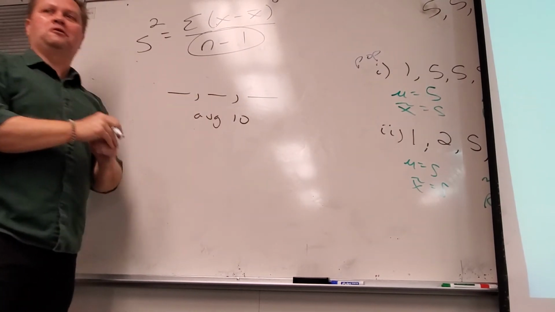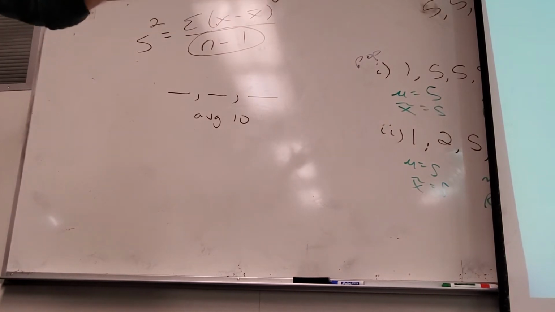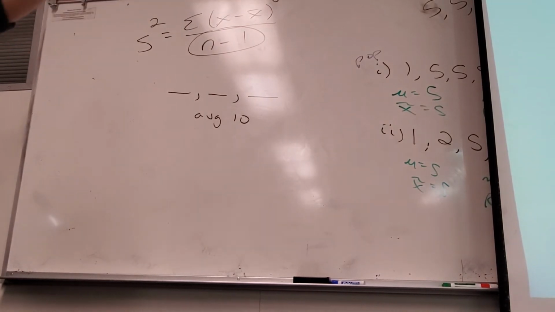If 3 numbers average to be 10, what do they have to add to be? How do you get an average of 10 from 3 things? You add them all up and divide by 3. What do you divide by 3 to get 10? 30. So they all have to add to be 30 in order to average to be 10.